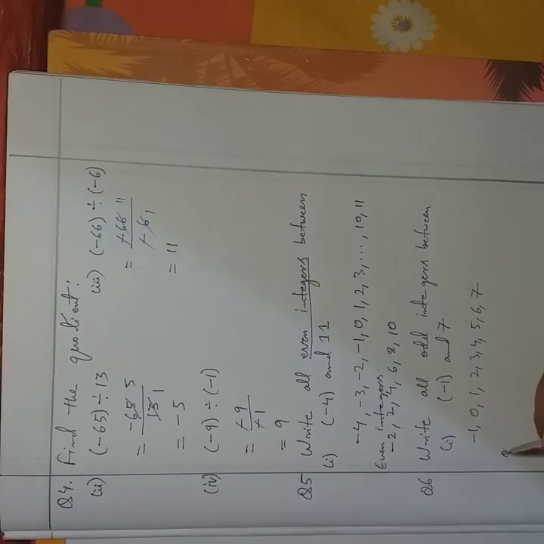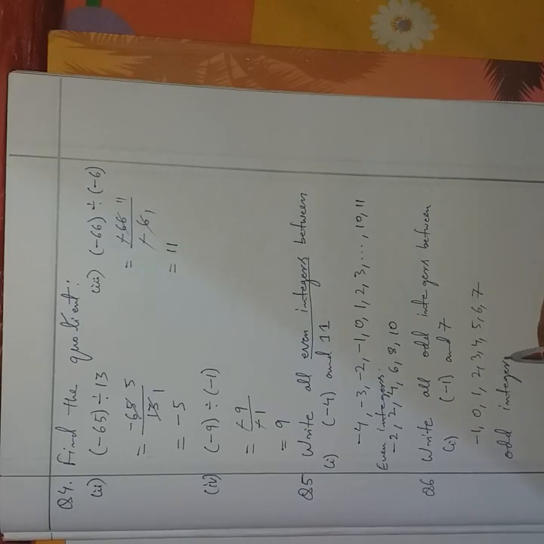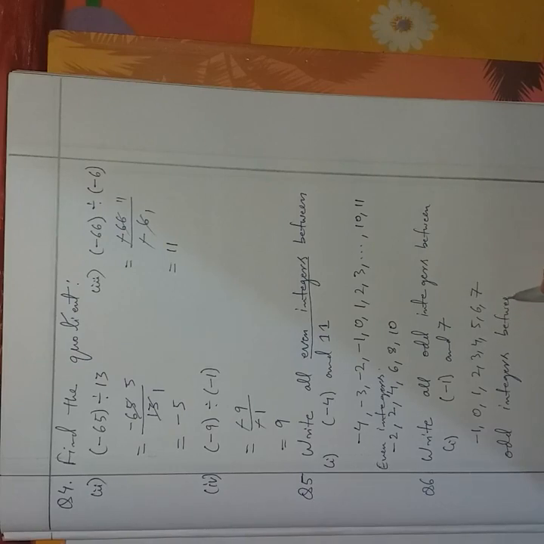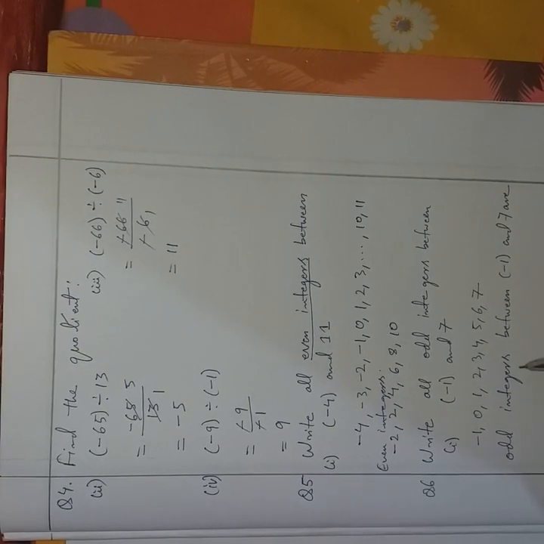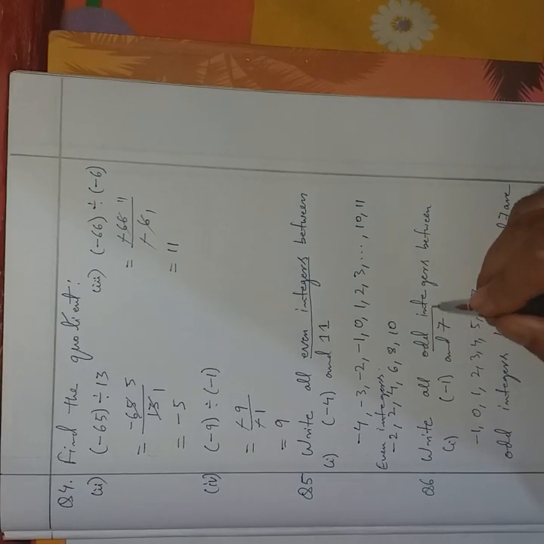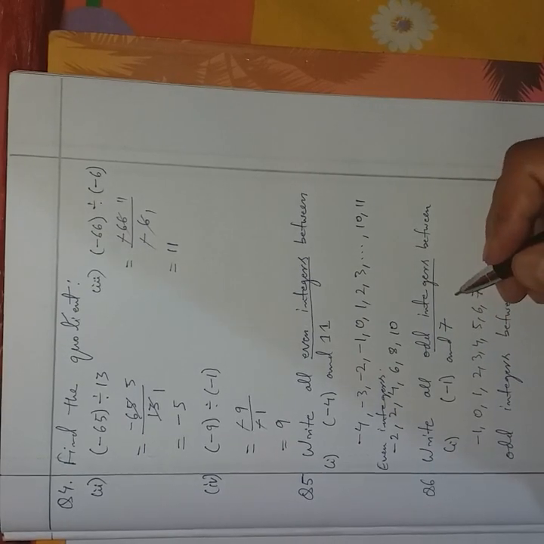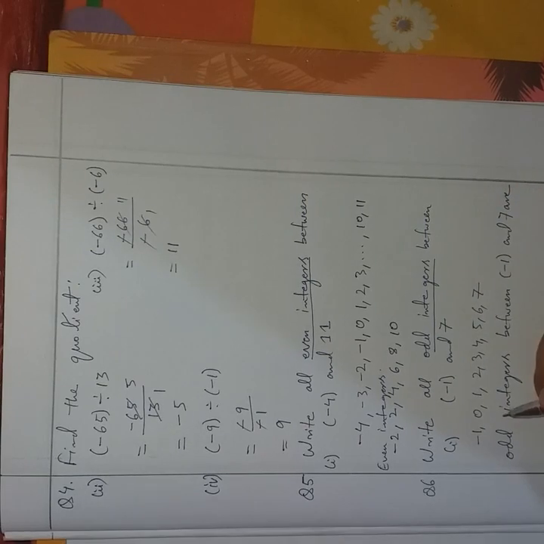So odd integers between minus 1 and 7 are, what? First of all, odd integers are what? Those numbers which are not exactly divisible by 2.